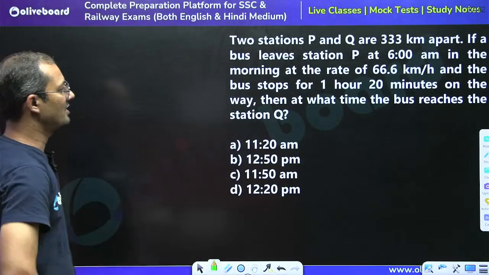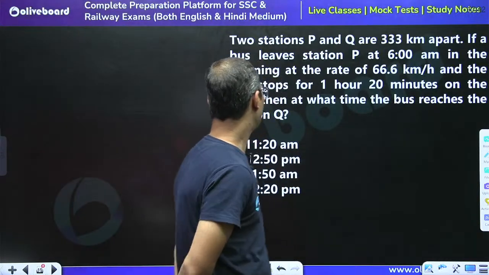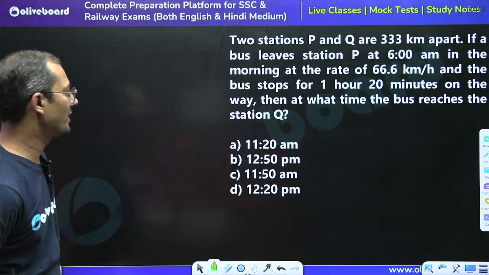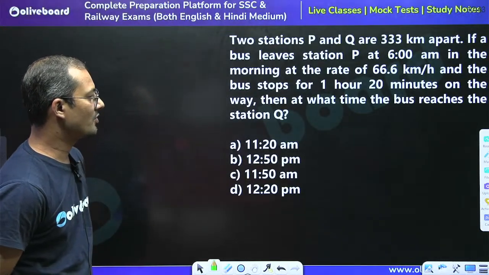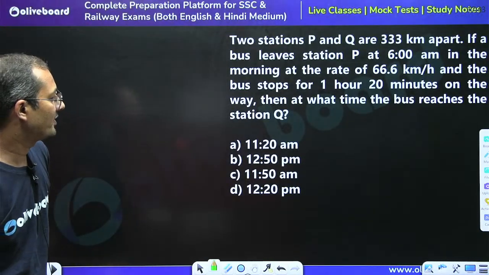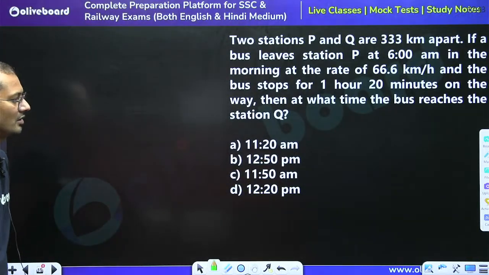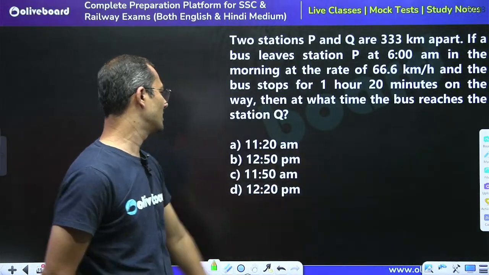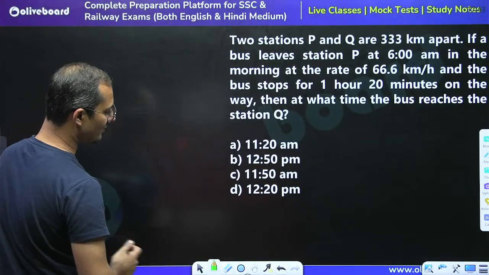If a bus leaves station P at 6 am in the morning at the rate of 66.6 km per hour, and the bus stops for 1 hour 20 minutes on the way, then at what time does the bus reach station Q? The question is asking at what time the bus will reach.